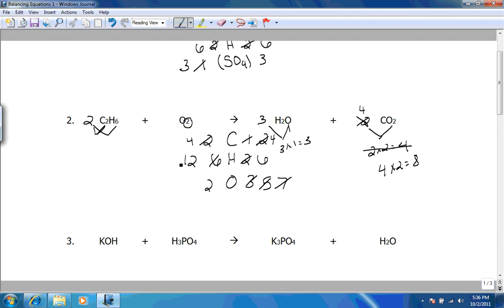So we have 12 hydrogens over here now, and we still only have 6. Well, since we need 12, we're going to multiply this one by 6 to make 12. So now instead of 3 times 1, we now have 6 times 1. So that means we have 8 oxygens here and 6 oxygens here.